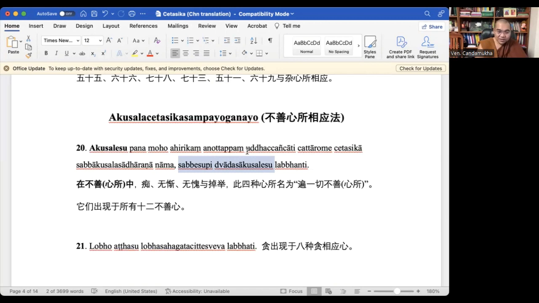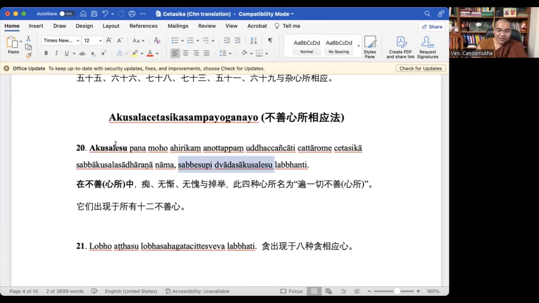So also here, whenever Akusala Citta arises, Moha, Ahirika, Anottappa, Uddhacca are there: delusion, and also shamelessness, dreadlessness, morally fearless, and restlessness of the mind. They are like salt. Without them, there is no Akusala.